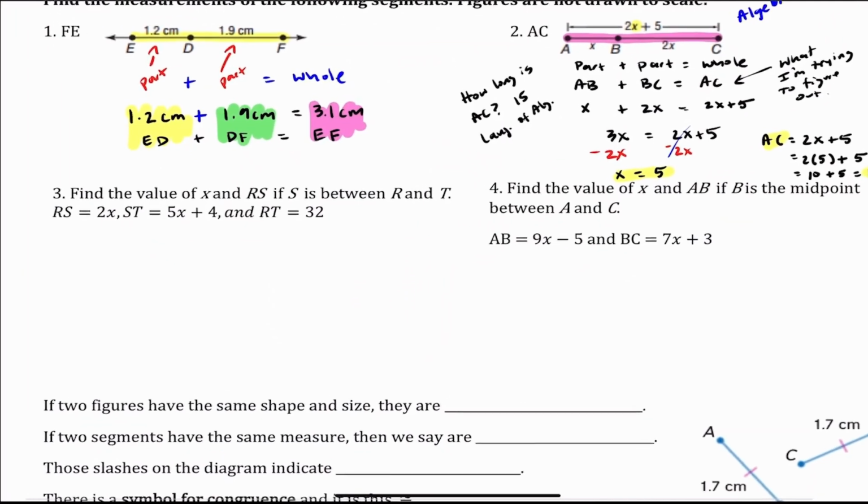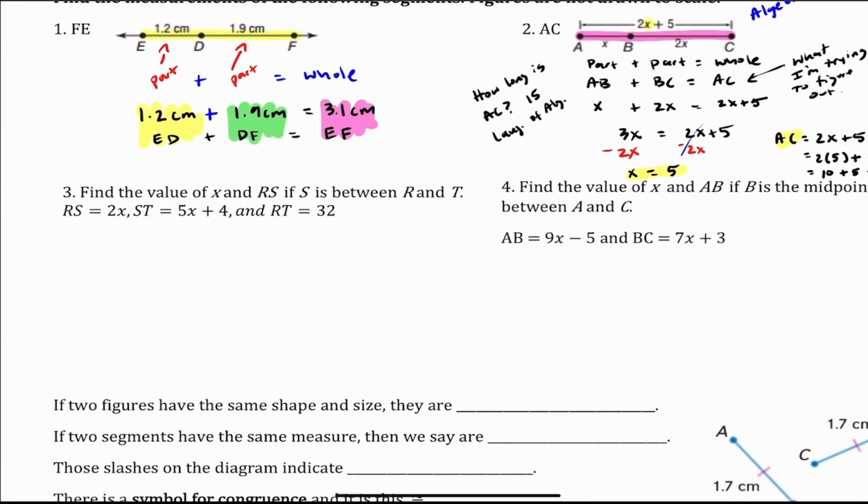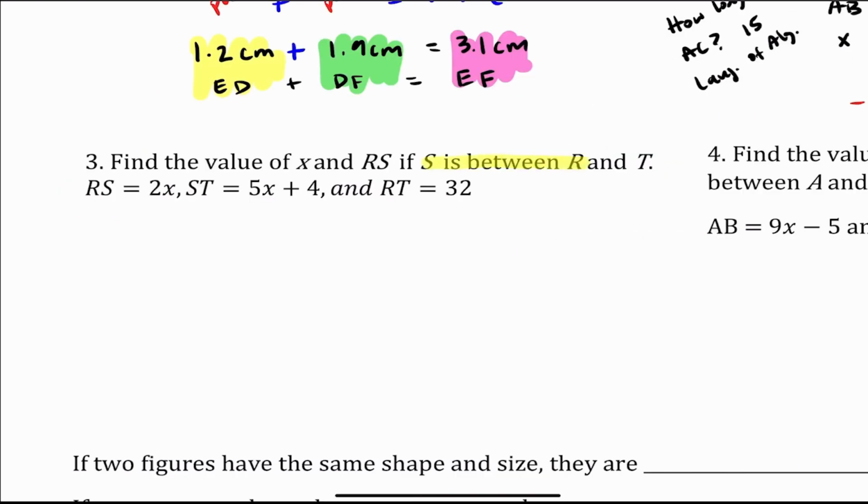All right, number 3. Find the value of x and RS if S is between R and T, where RS is 2x, ST is 5x plus 4, and RT is 32. And I'm going to use this opportunity to highlight this part. S is between R and T. What is this trying to ask me to do? It's asking me to draw a segment.